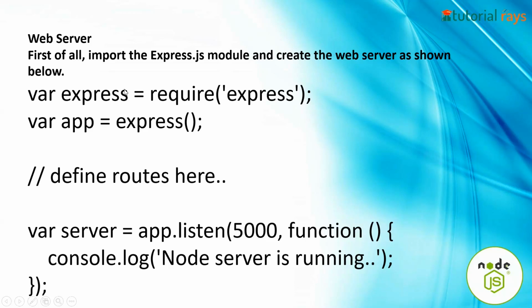Since Express already includes that, we don't need to call the HTTP module, because if we call Express, the HTTP module is automatically created. So after installing with npm install -g express, we just require express, then create the app with express, then call app.listen on port 5000 with a function, and the node server is running. Let me show you with a practical example.